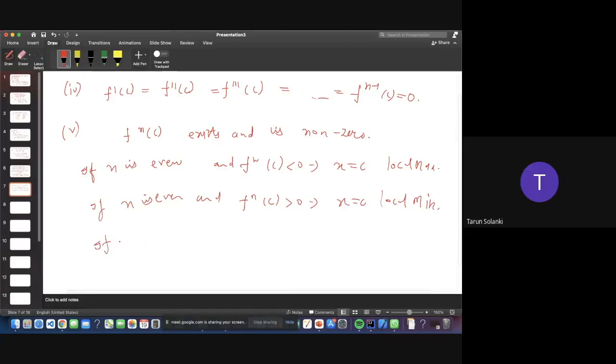And if n is odd, then x equal to c is neither a point of maxima nor minima. Okay, so these are some things we need to remember.